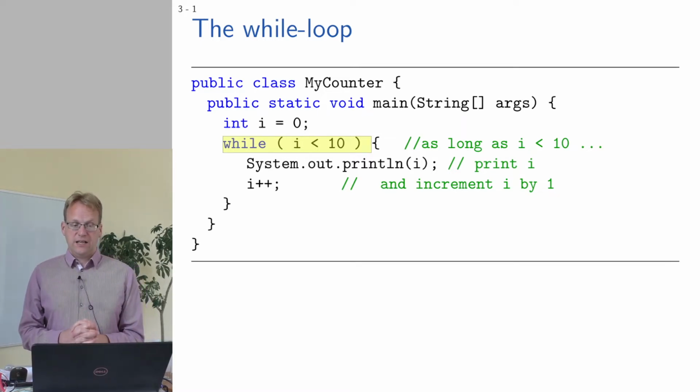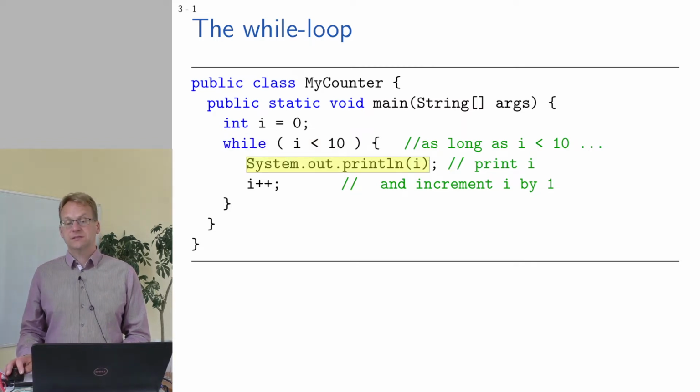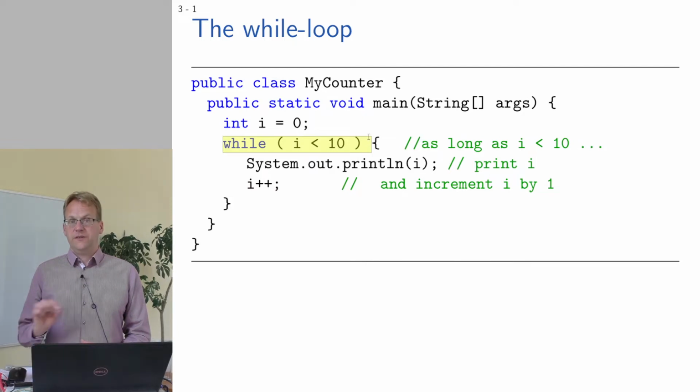So now I is equal 1, and yeah, for sure that's still less than 10. Therefore, a second iteration is performed. I is reported, value 1, and I is incremented from 1 to 2. And after that, again, we evaluate whether or not we should continue with the next iteration.